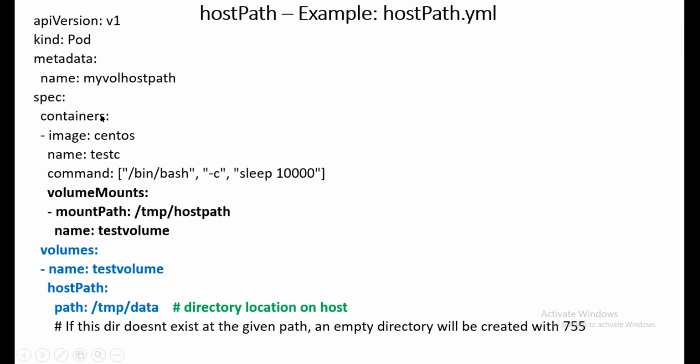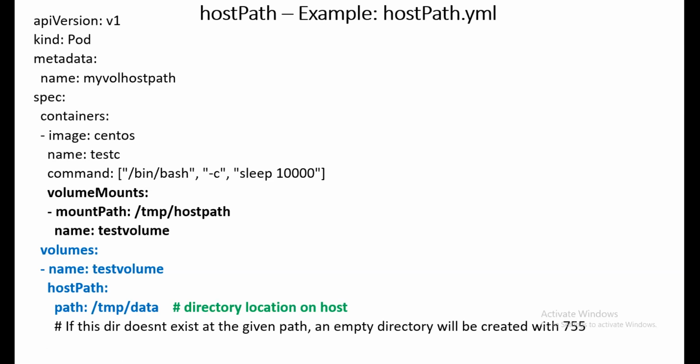And when you go to the container, the volumeMount you're going to give, and then the same name of the volume, so that whatever you put into this folder in the container will be accessible or shared to the host machine on this folder. And the same way, it's vice versa. Anything that you put inside this folder on the host machine will be accessible inside the container.